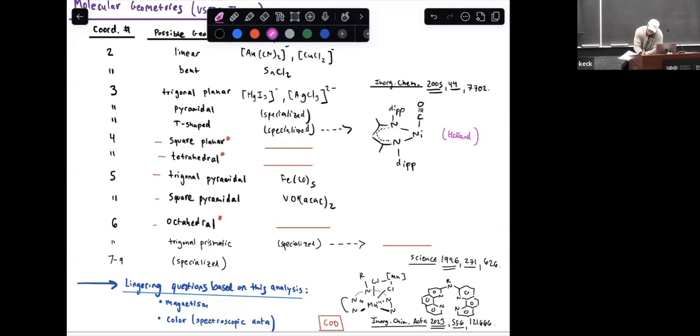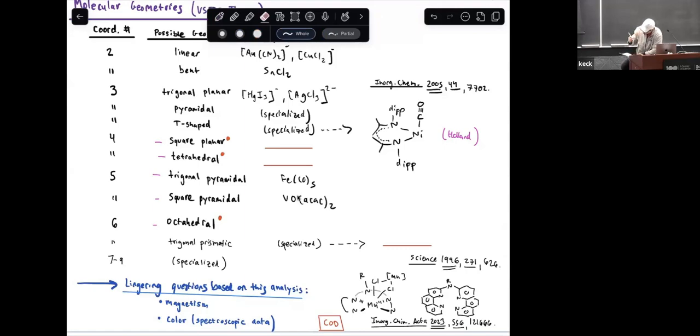So four coordinate species will come in two flavors, square planar and tetrahedral. We've already encountered both in class. Five coordinate can be trigonal pyramidal or square pyramidal, like iron carbonyl and vanadium oxo-acac respectively. Six coordinate almost always is octahedral, but there are some exceptions.